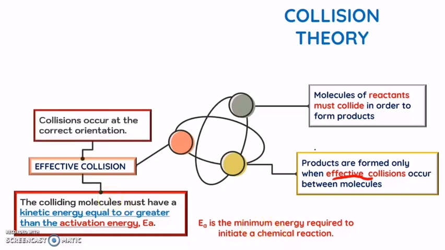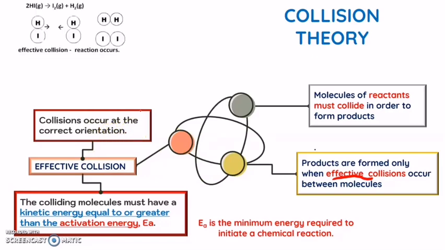The second condition for the collision to be effective is that the collisions occur at the correct orientation. Let's have a look at this reaction. We have 2HI gas to produce I2 gas plus H2 gas.